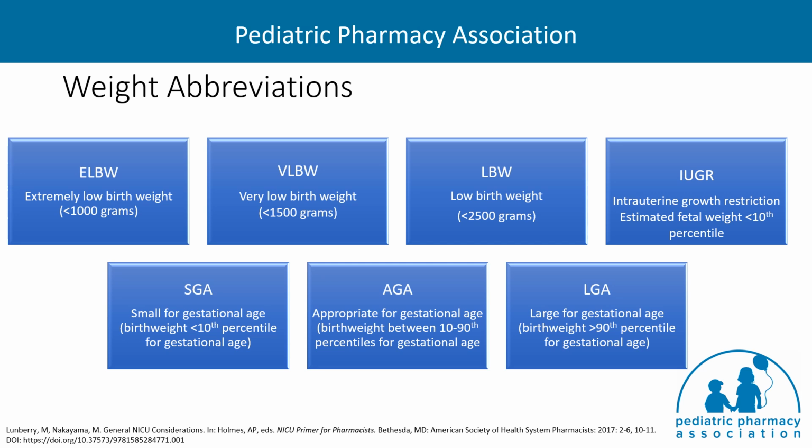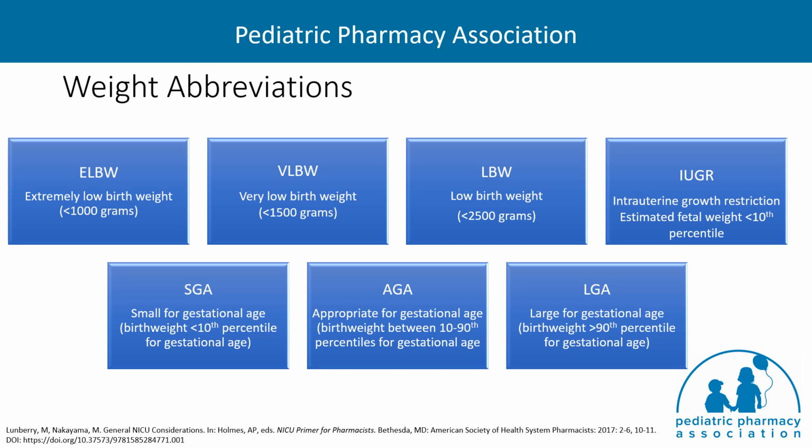A baby who is born SGA, or small for gestational age, will be less than 2,500 grams or less than 10th percentile for gestational age. And this is the neonatal manifestation of a baby who has IUGR. So they had growth restriction in utero, and when they're born, they are small for their gestational age.